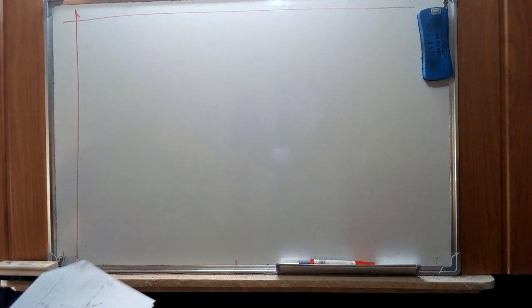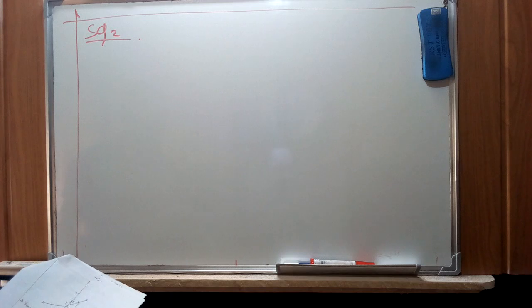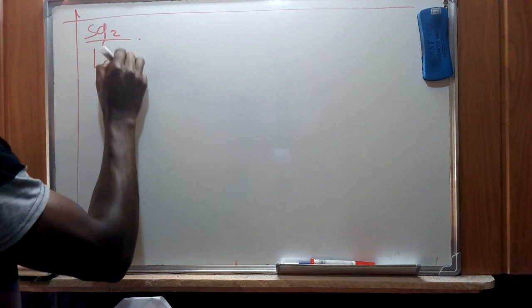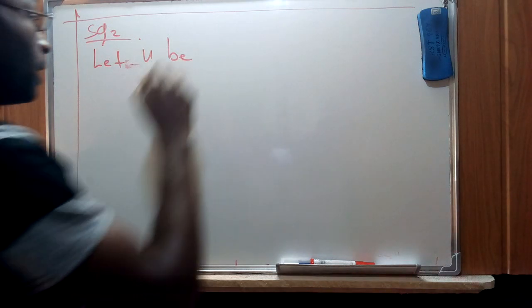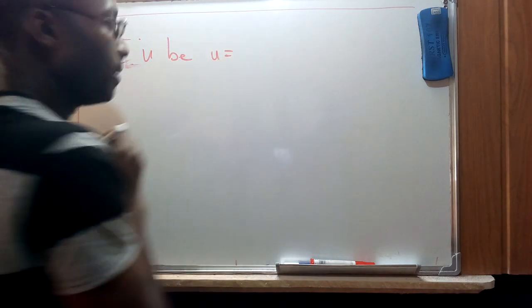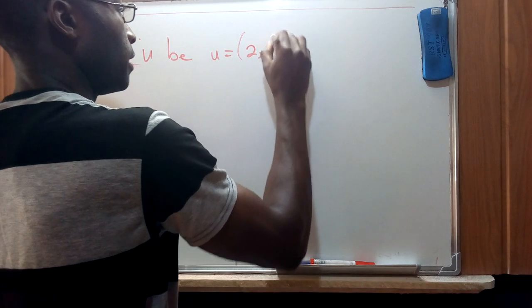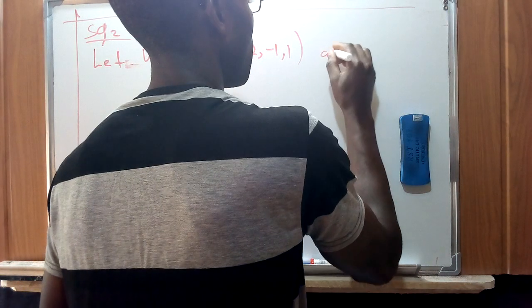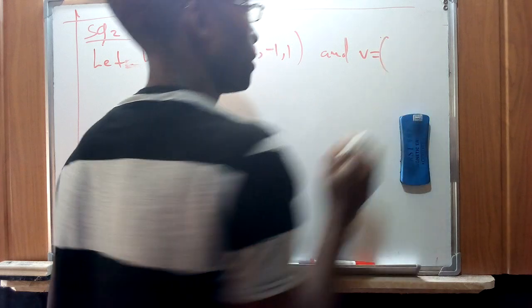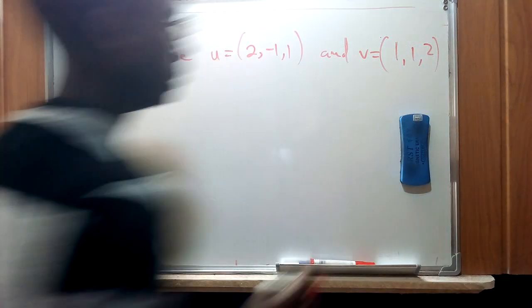Let me give sample question 2 here. It says, let U be a point, in that U is given as (2, -1, 1), and V be another point which is given as (1, 1, 2).